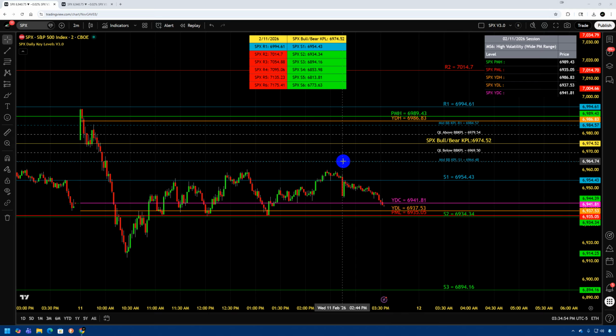The XSP mini index also has options that you can trade, and those options are 1/10 the value of regular SPX options. So a lot of people, instead of trading one SPX option, would either like to trade 10 of the XSP options to give them some scaling out options for having multiple contracts, or if they don't want to do that, they would just prefer to have something that's similar to trading SPY, which is the case with XSP, because it does trade at 1/10 of the value of SPX.